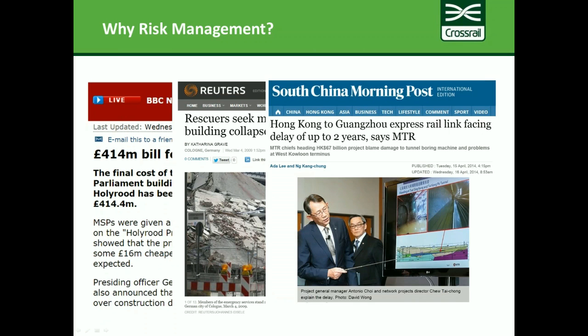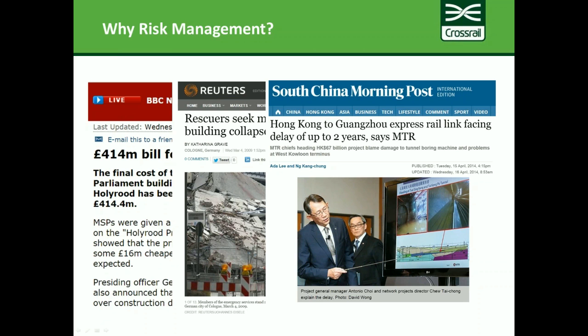But this sort of thing is still happening. This is 5 years later. Mass Transit Railway of Hong Kong, delivering again a very similar project to Crossrail, had a flood damage the tunnel boring machine they were using and effectively knock it out, resulting in 2 years delay to their project.